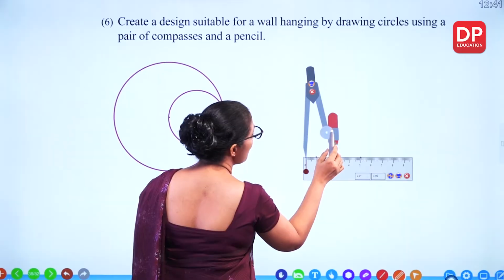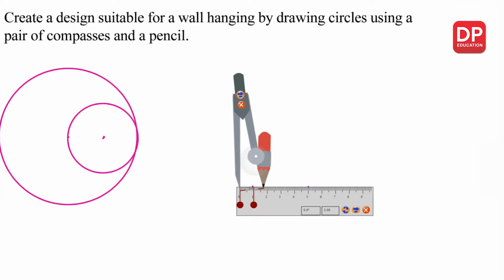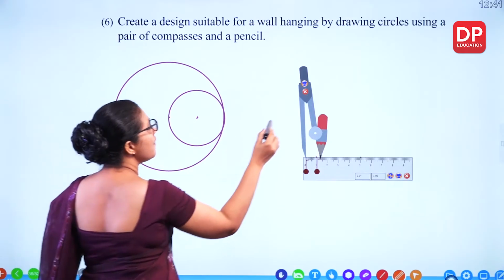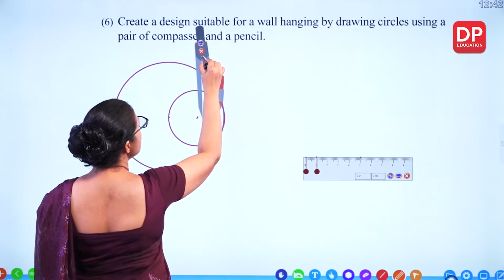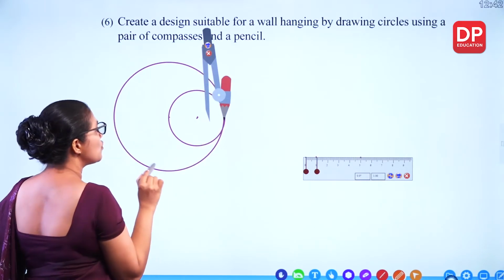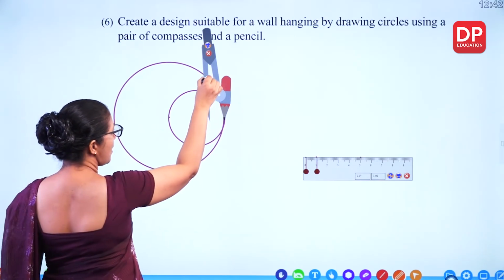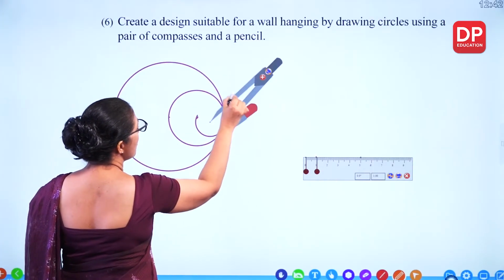So I'll take 1.25 here. So somewhere here and then draw another circle. Here taking this as the center in between and see whether it passes through the center and so here draw another circle.